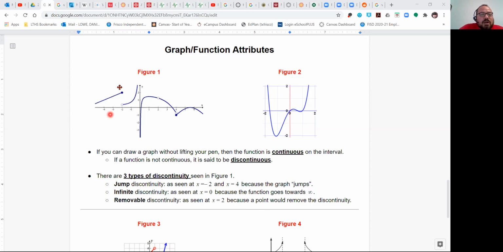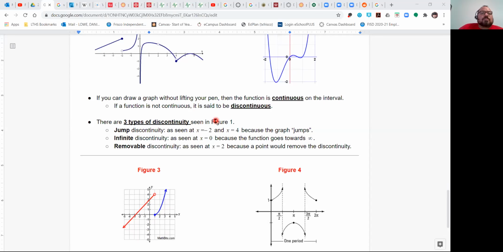It's not possible to remove a discontinuity when it's a jump or it's infinite. Only when I have a hole do we call it removable. Once again, if I can draw my graph without lifting my pencil, we say that our function is continuous on that interval.